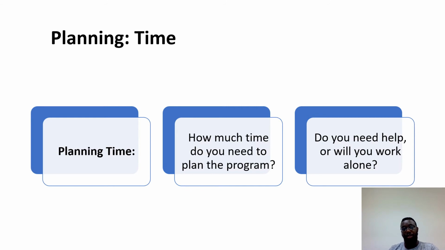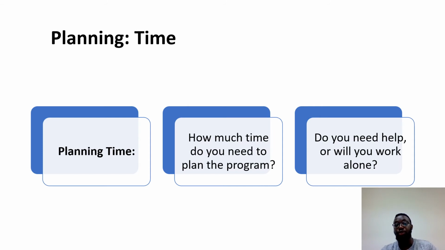However, in some situations, depending on the size of the program, it might not be advisable for you to plan the program alone, because there might be so many oversights if you are planning alone. But if you plan with the help of a team, your team members might be able to think about the things you're not thinking about and might be able to help you.